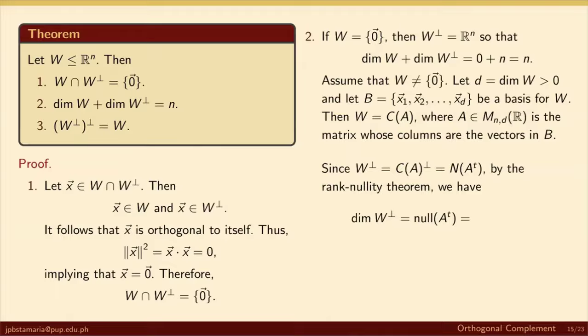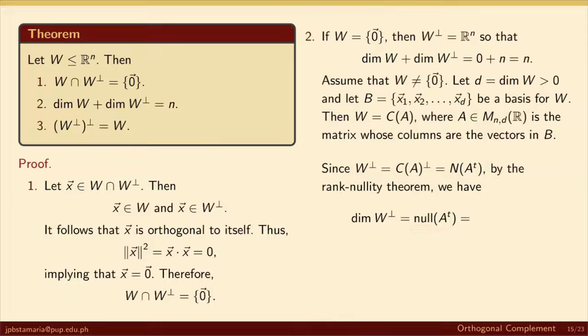So by the rank nullity theorem, if I consider the nullity of A transpose, that's the dimension of the left null space, right? Because the dimension of W perp is the dimension of the left null space of A, which is the nullity of A transpose.